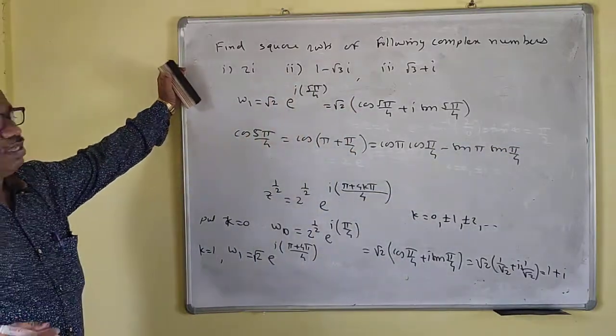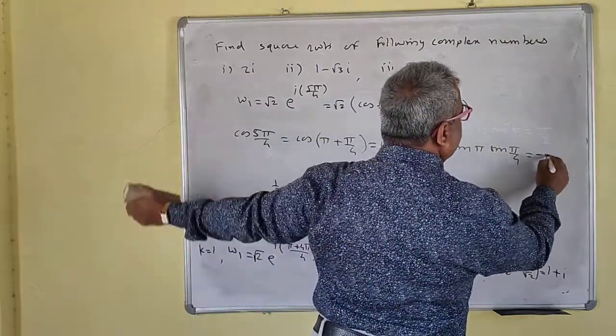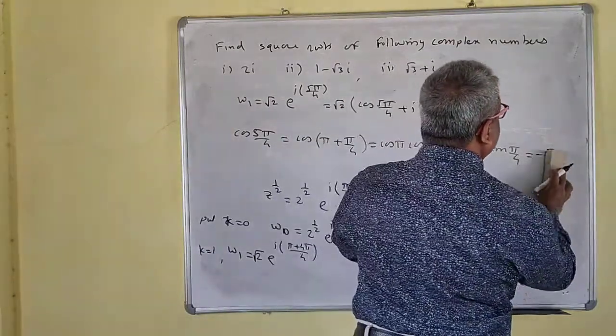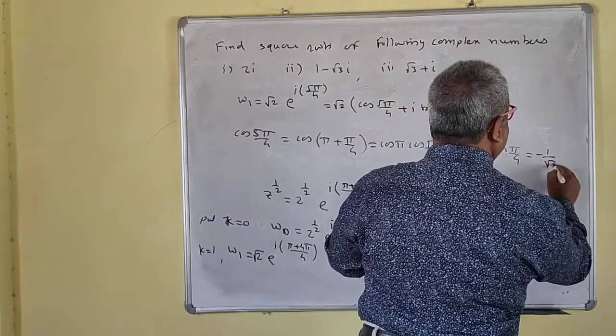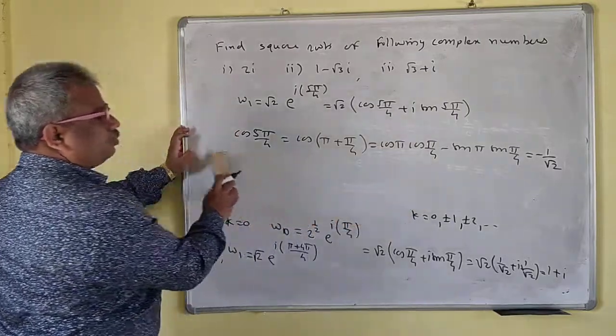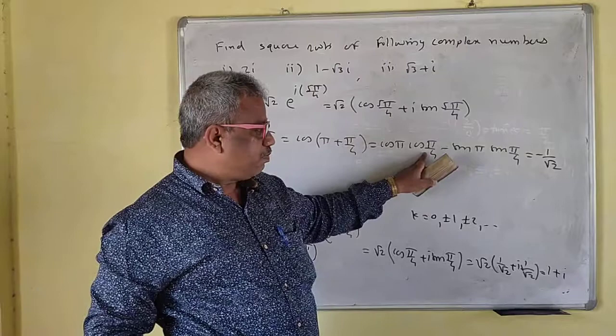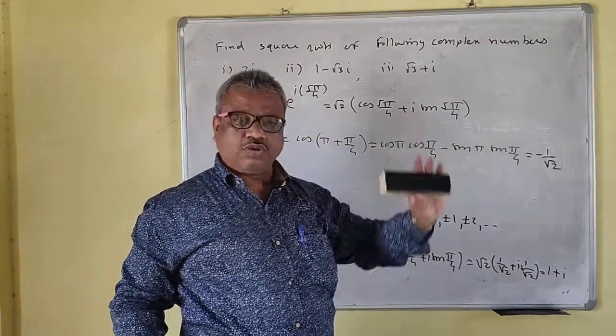Sin π is 0, cos π is minus 1, and cos π by 4 is 1 by root 2. So this is minus 1 by root 2, because cos π is minus 1, cos π by 4 is 1 by root 2, and sin π is 0, so no need to find the other value.